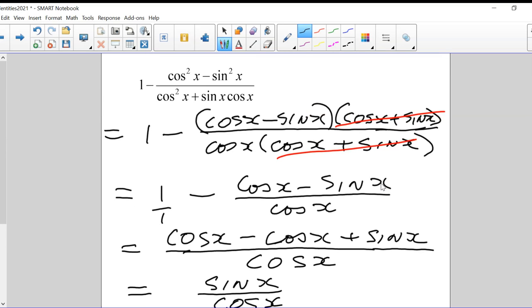Now, is there another way to do this? Of course there could be. But that's just one way that I found that works well. And if anybody comes up with another way, I'd love to hear it. What Jeremy said before about this being the same thing as the cos of 2x, yeah, that's true.